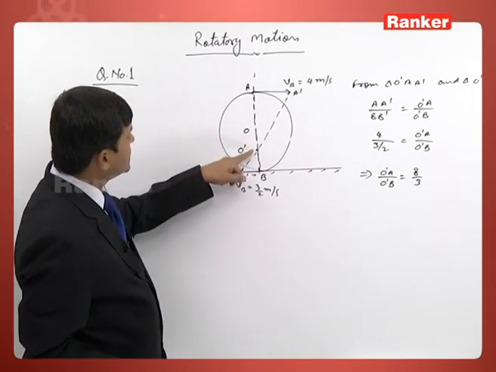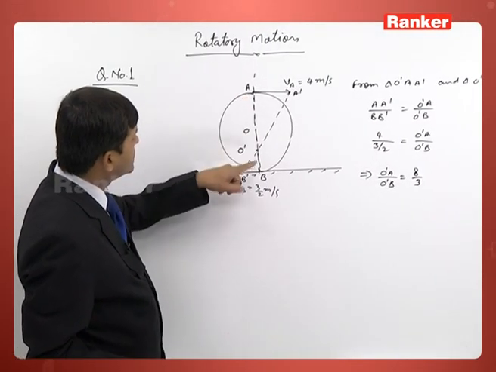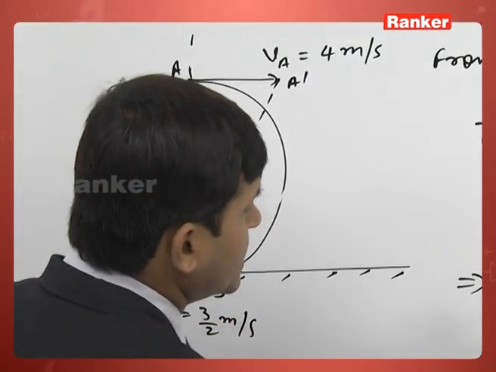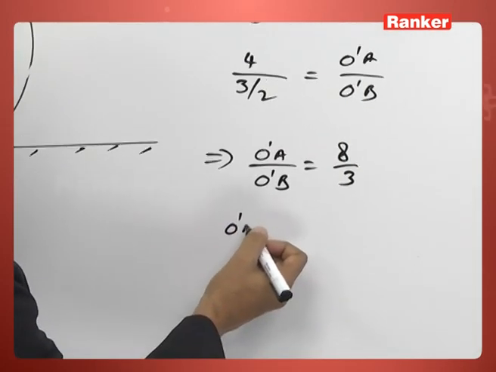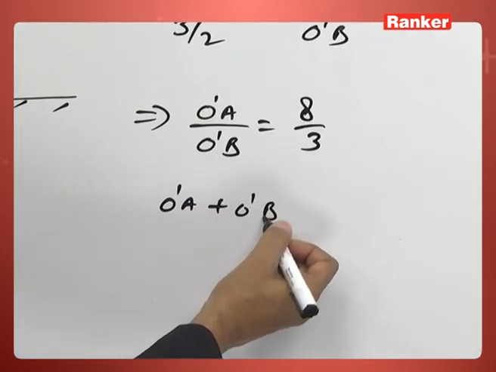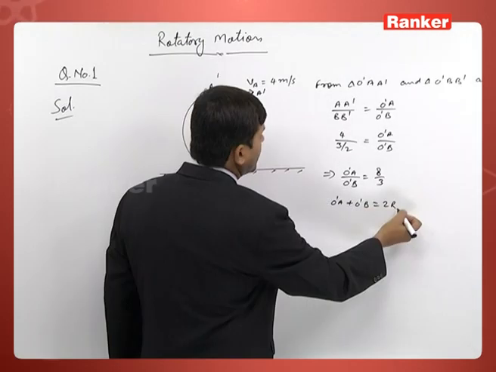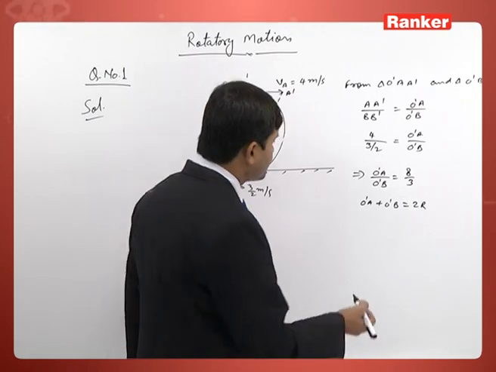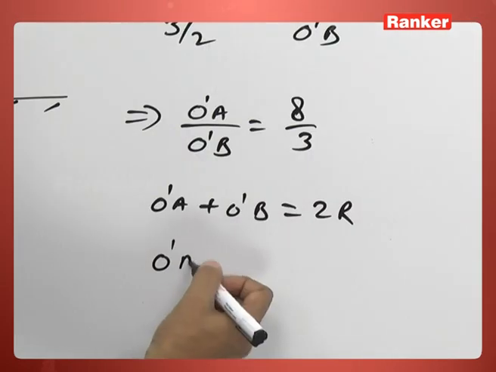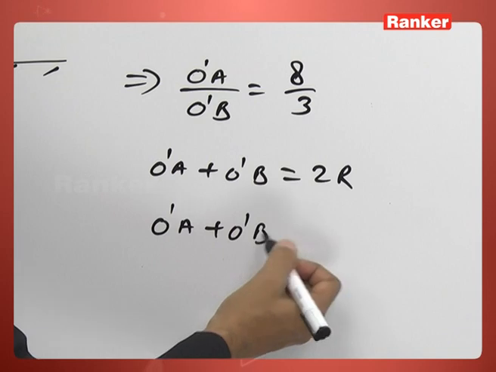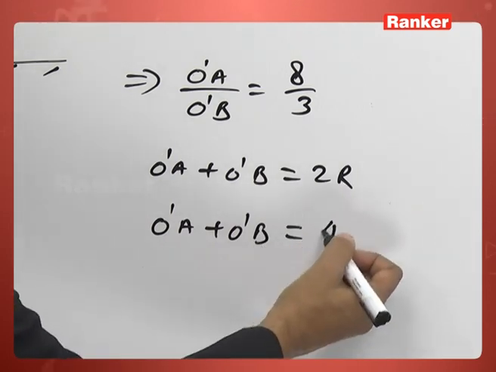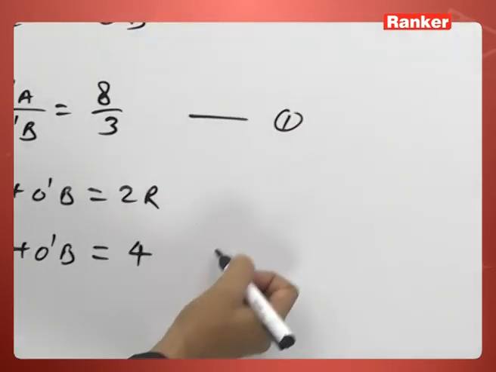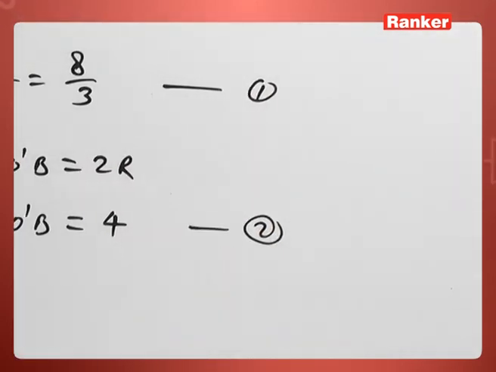The distance O dash A plus O dash B is equal to 2 times the radius. So O dash A plus O dash B is 2 into R, and R is the radius of the disc, which is given as 2 meter. So O dash A plus O dash B is 4. These are the two equations: let this be equation number 1 and equation number 2.